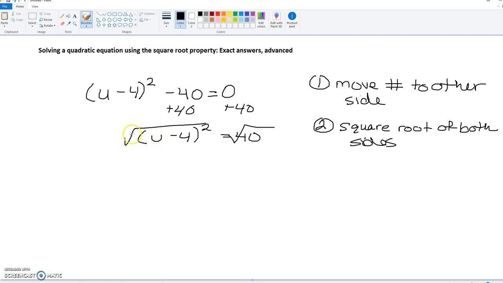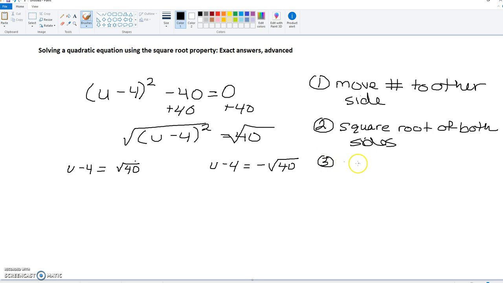And of course, this square root cancels the square. Now this is the part where I'm going to separate it. So we've got u minus 4 equals a positive square root of 40 here, remember? And we'd have a negative version over here.